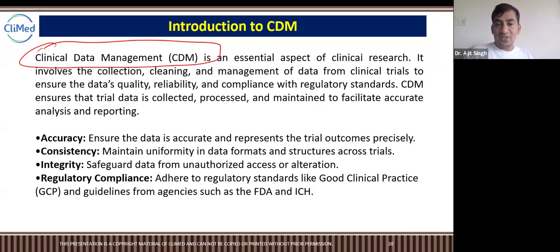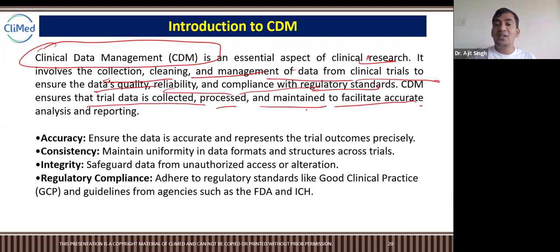Okay, so CDM is definitely an essential part of clinical research. It involves the collection, cleaning, management of the data from clinical trials to ensure the quality, reliability, and compliance with the regulatory standards. CDM ensures the clinical data is collected, processed, and maintained to facilitate the accurate analysis and reporting.